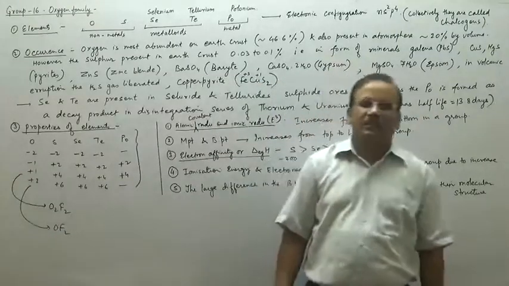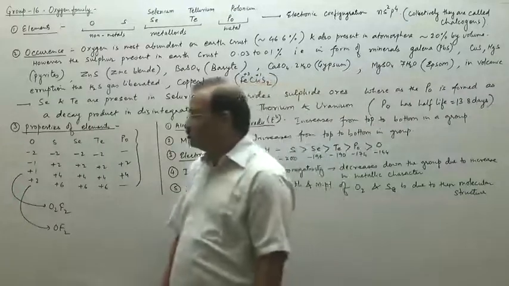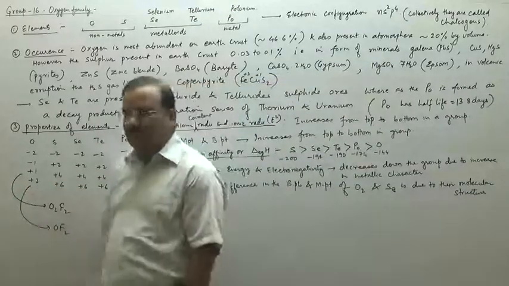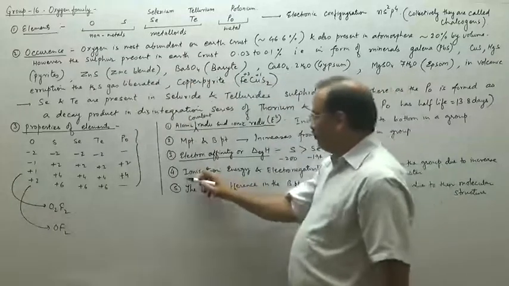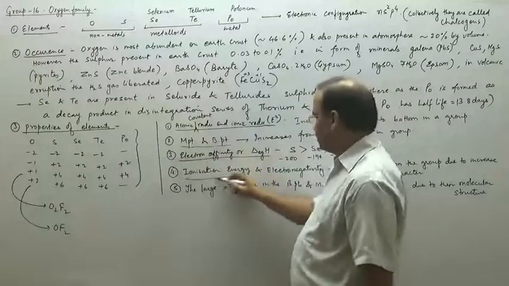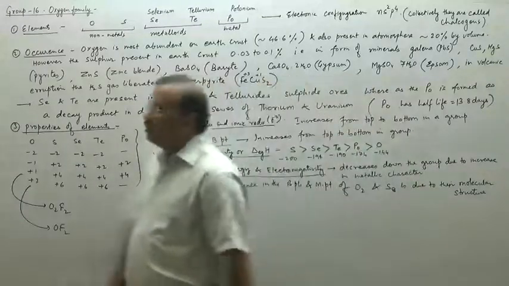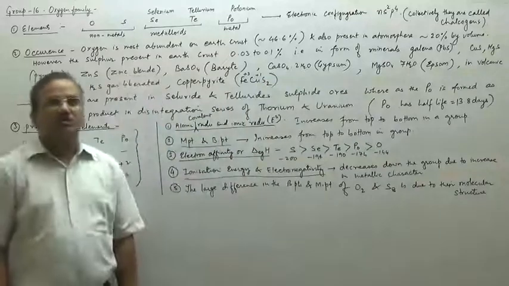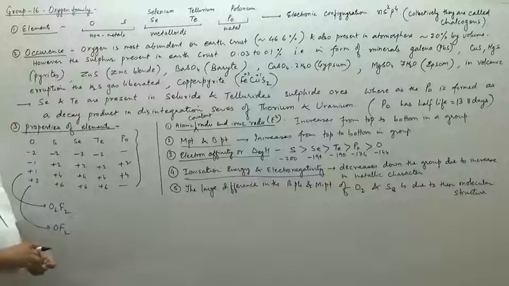So that is what we have written here: the oxidation state of oxygen is +1 and +2. These are the properties we required for discussion in the oxygen family, the elemental properties.